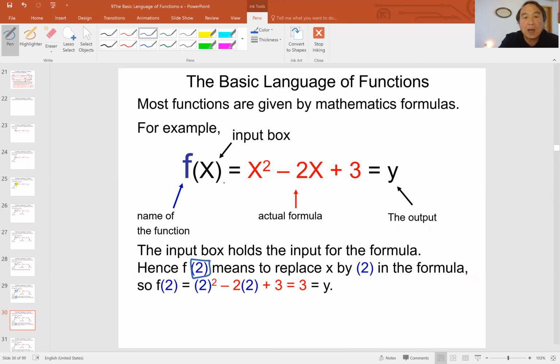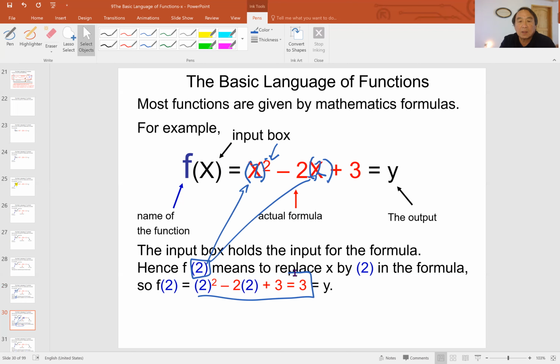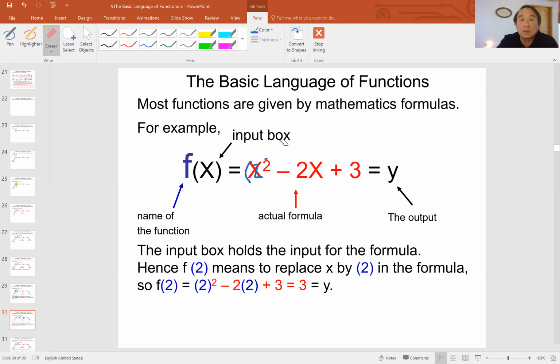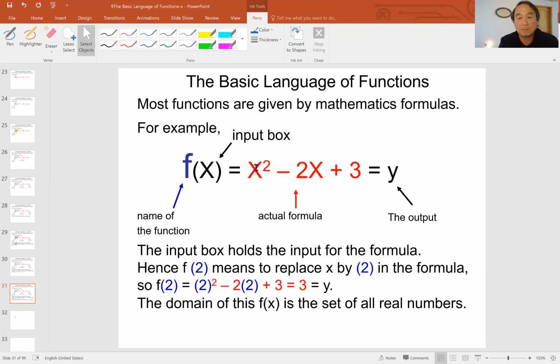So you copy it and paste it into the position of x, and this all becomes 2. Be careful how you copy the exponents outside. And then we calculate. It becomes 2 squared minus 2 times 2 plus 3, which comes out to 3, so the output is 3.